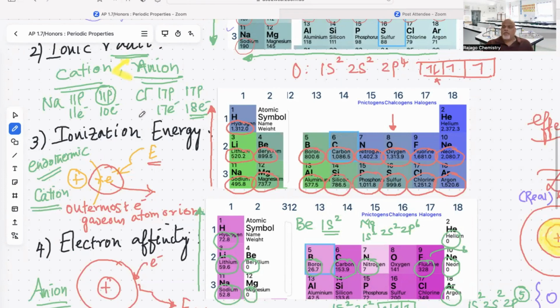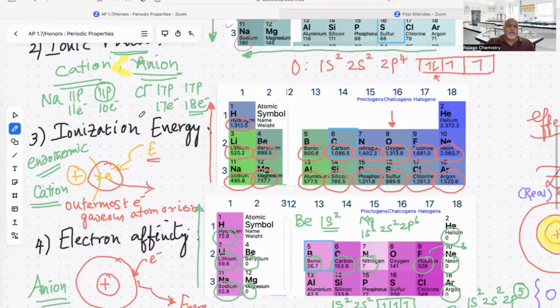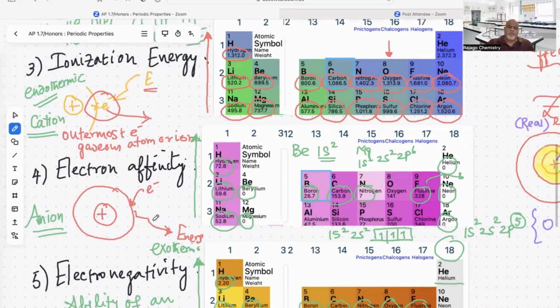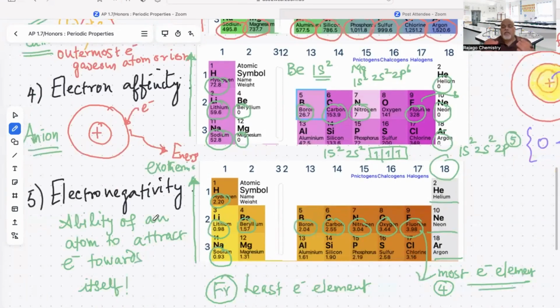It is always an endothermic process that forms a cation. Electron affinity is the energy released when an electron is added to the outermost shell of a gaseous atom. It forms an anion and is an exothermic process. Electronegativity is the ability of an atom to attract electrons towards itself. The most electronegative element is fluorine, and the least electronegative element is francium.